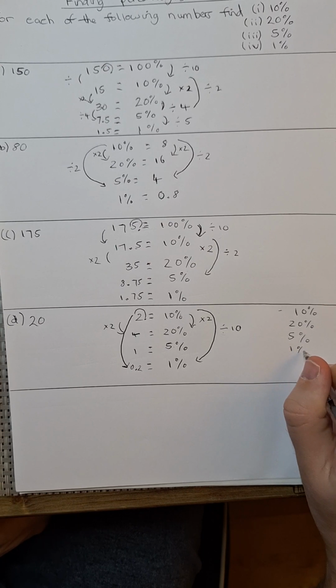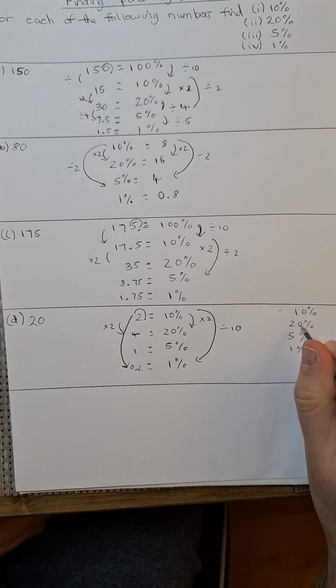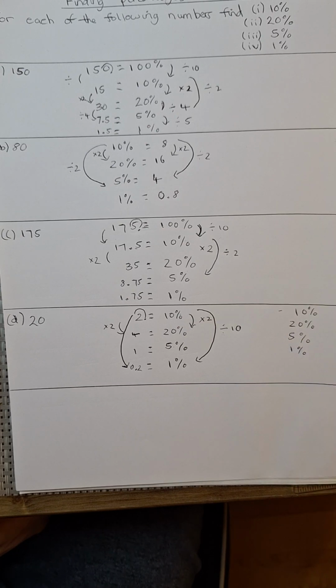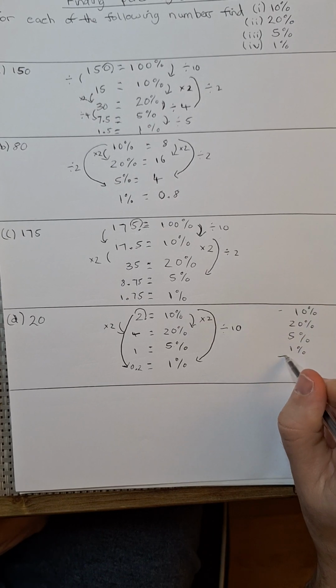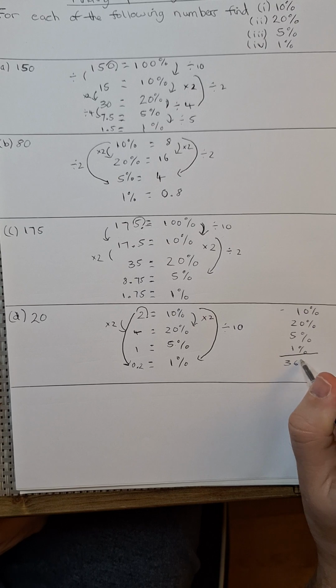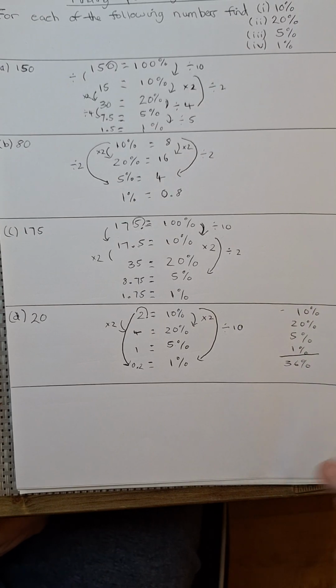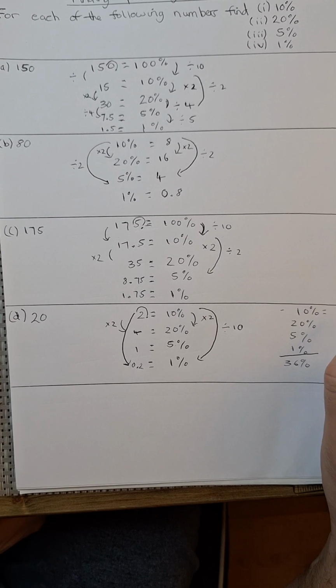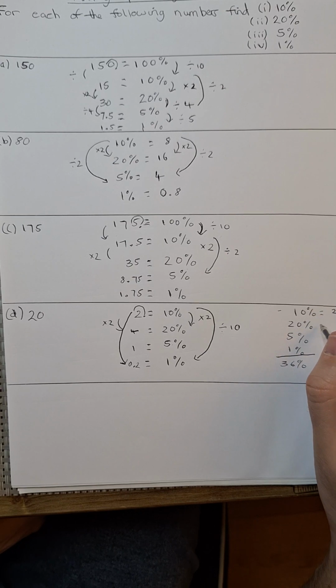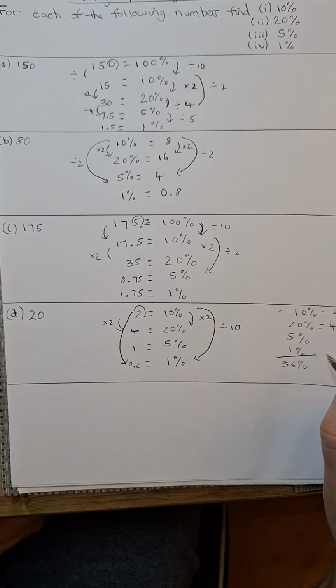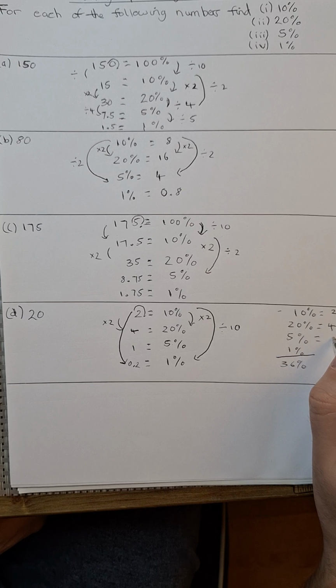As you can see, 10 add 20 is 30, add 5 is 35, add 1 is 36%. And therefore your 10% worked out to be 2, 20% equals 4, your 5% equals 1, and your 1% equals 0.2.